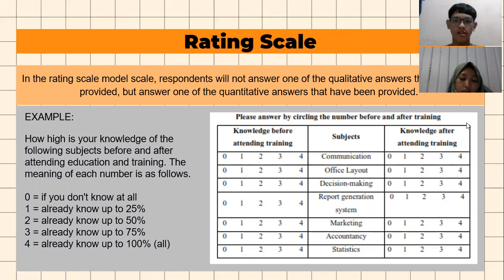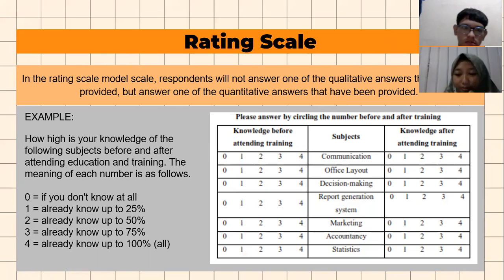Okay, thank you. And then the rating scale. In the rating scale model, the respondent does not answer one of the qualitative answers that have been provided, but answers one of the quantitative answers that have been provided. Of the three measurement scales stated above, the data obtained are all qualitative data which are then quantified.